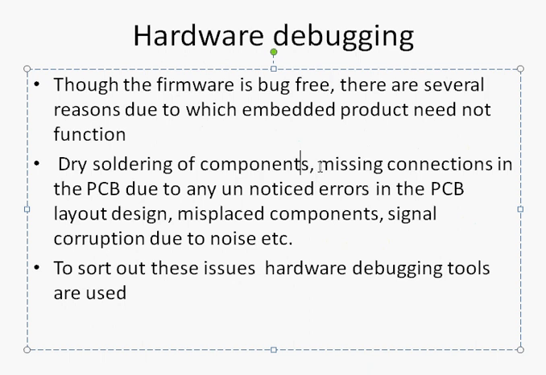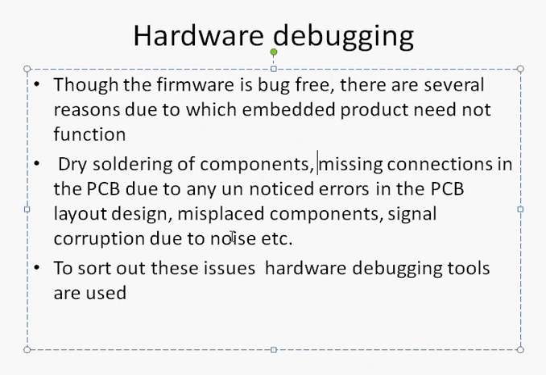And also you might have given the PCB for fabrication, and the PCB manufacturers might give you back the device, but certainly they might miss some components which might go unnoticed, and that is also an error which you will certainly notice. That is also a hardware debugging issue.